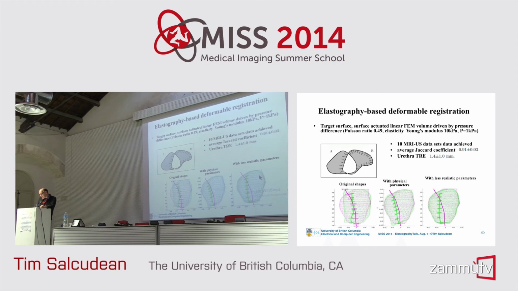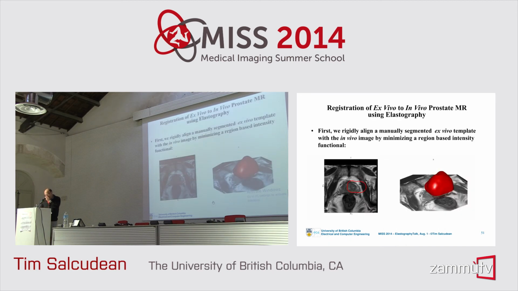But if you apply a relatively low Poisson ratio and Young's modulus, what happens in the deformable registration is you get a beautiful matching of the surfaces that you're trying to match, but the inside, the urethras corresponding to the MR and ultrasound registration, are off by quite a bit. If you use physical parameters that are derived from elastography, then you tend to reduce the internal error, even though the surfaces may not be matching just as well.